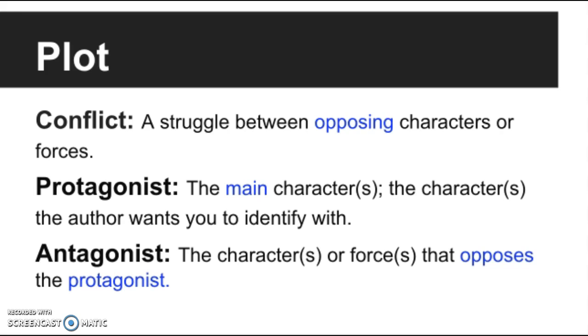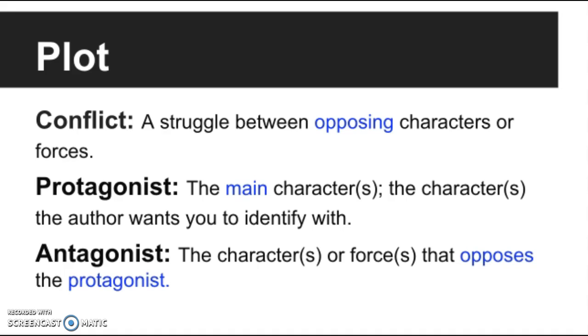The conflict is a struggle between opposing characters or forces. Okay? Opposing characters or forces. A force could be a storm, or it could be society. It could be sickness. It could be anything that the characters are struggling against.